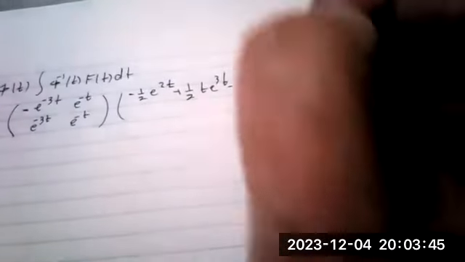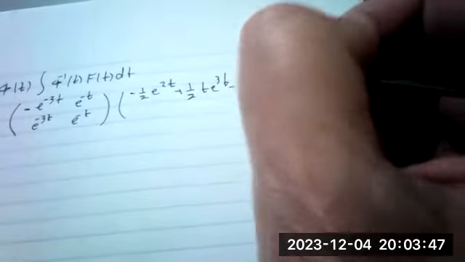Negative 1/2 e to the 2t. Okay, repeat that phi of t that you have. Plus 1/2 of t e to the 3t, and then minus 1/6 e to the 3t.